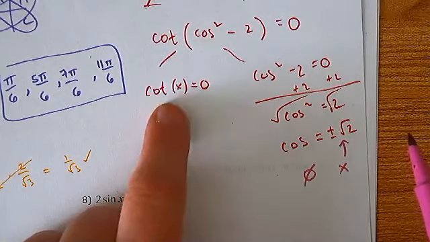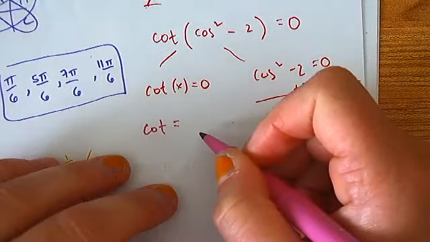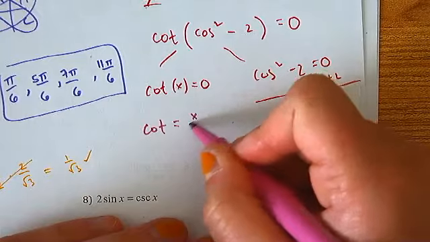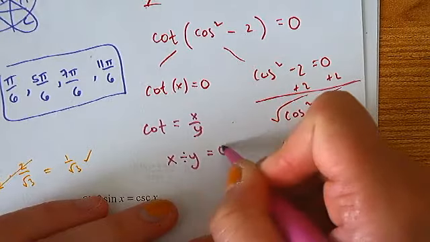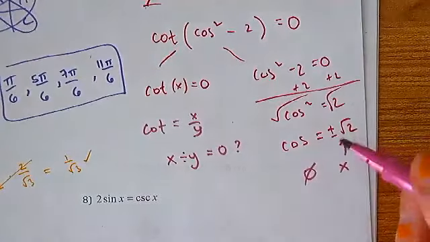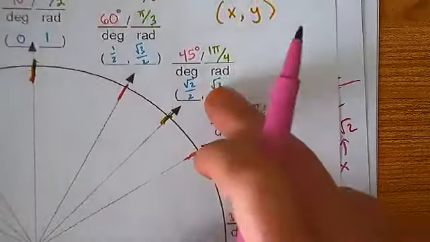When does cotan equal 0? Well, to remind you, cotan is the reciprocal of tan, so it's x over y. So when you divide x by y, when do you get 0? Well, we definitely know it's not going to be a pi over 6 or pi over 4 or pi over 3, right? It's probably going to be one of the ones that has a 0 in it.